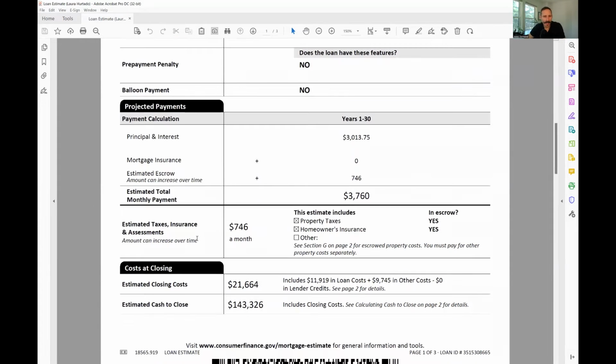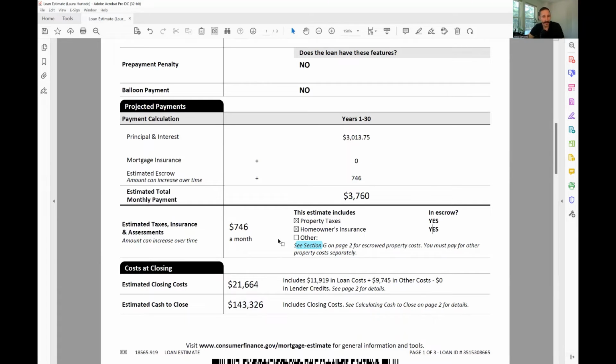And then below that, again, it talks about the estimated taxes, insurance, and assessments. So if there was a homeowners association, that would be this other section here would be clicked, and it would say, is this in escrow? And the answer would be no below that. So this section here talks about whether or not you have property tax, homeowners association dues.